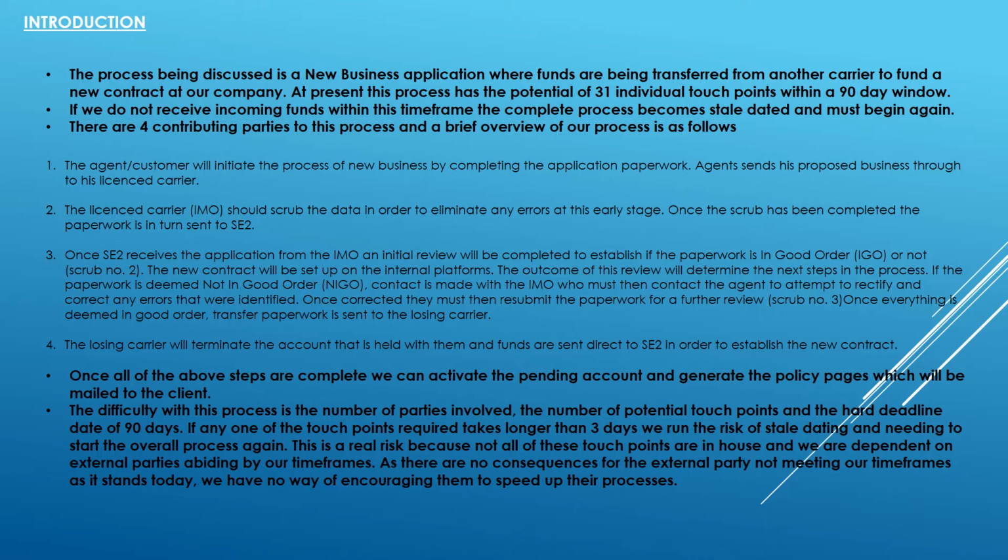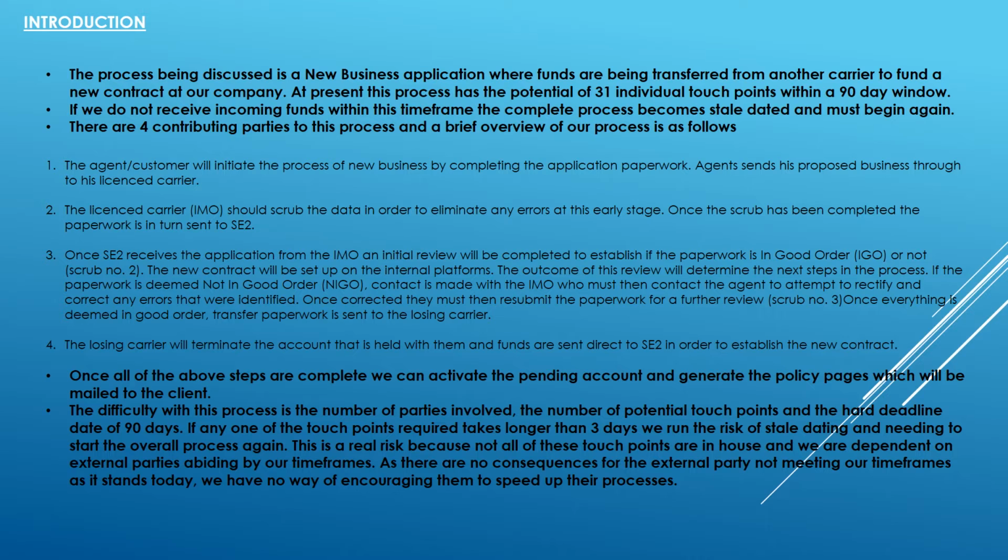This first process might go to and fro anything up to 3 or 4 times on any one set of data slash application. Once we get paperwork back to us from the IMO that is in good order, then we can move on and reach out to the losing carrier asking them for the funds to be transferred over to ourselves.